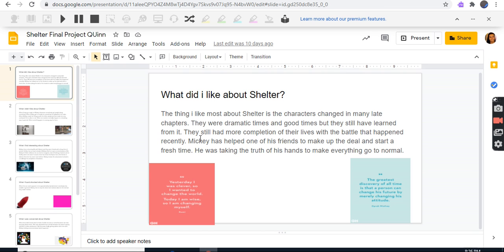He was taking the truth of his hands and to make everything go to normal. Yesterday I was clever, so I wanted to change the world. Today I am wise, so I'm changing myself. The great discovery of all time is that the person can change his future or her future by merely changing his attitude or her attitude.